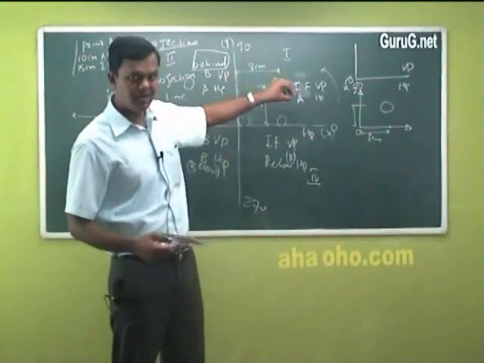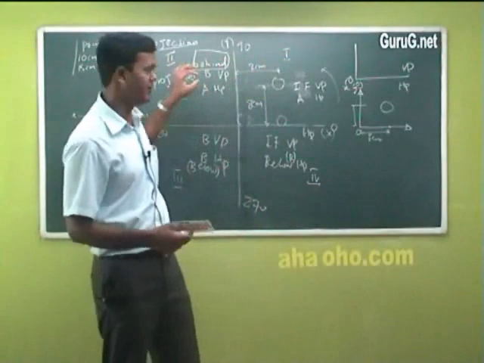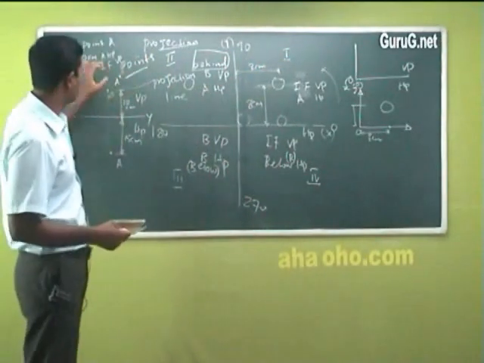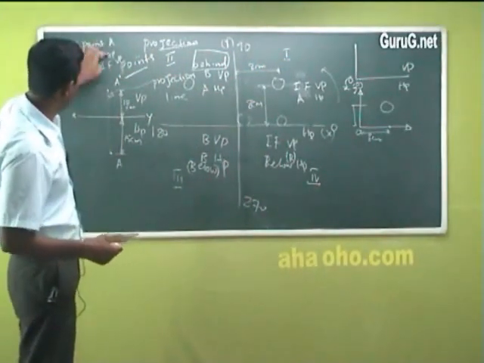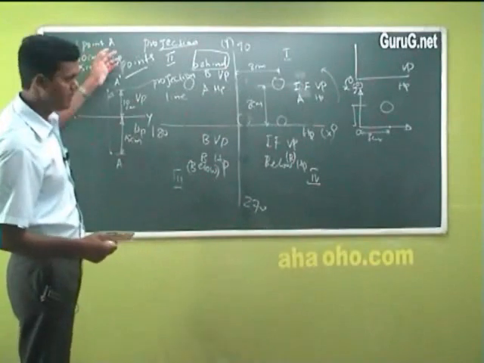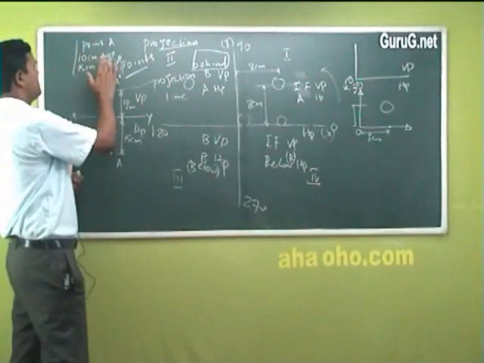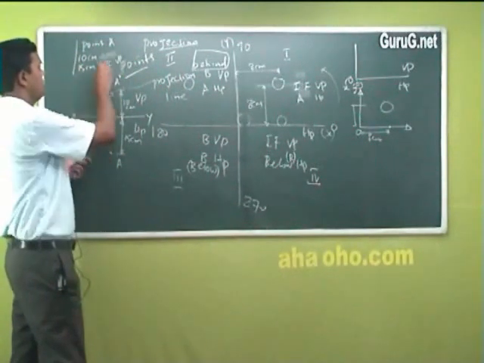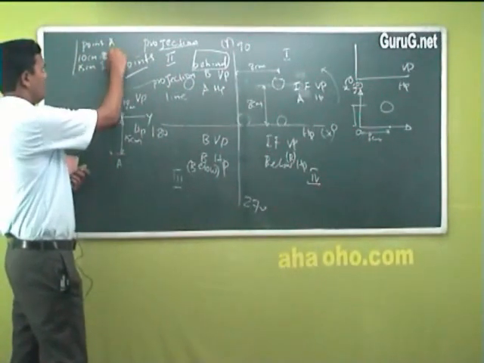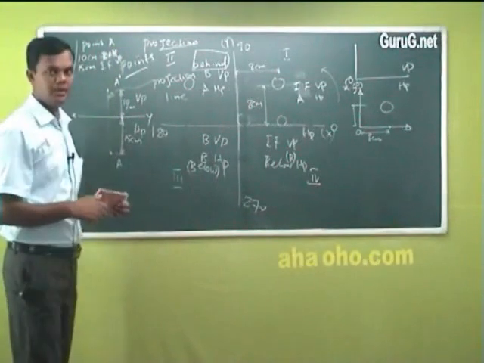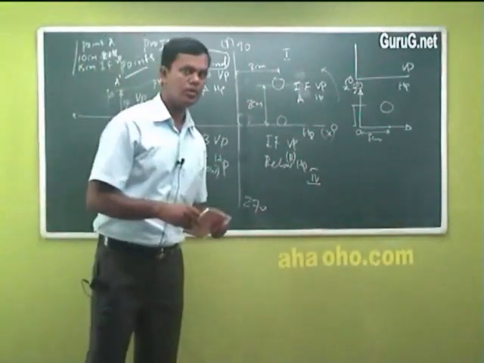But to understand the projection of a point, we can have some different questions like this. One question says point A is 10 centimeter above HP and 50 centimeter in front of VP, which becomes the first quadrant. Now you can change it: 10 centimeter below HP and 15 centimeter in front of VP. Which quadrant comes now?